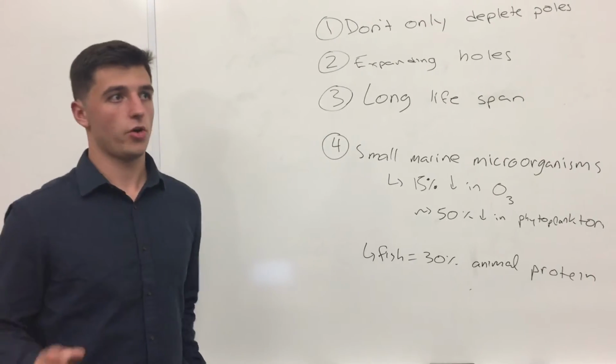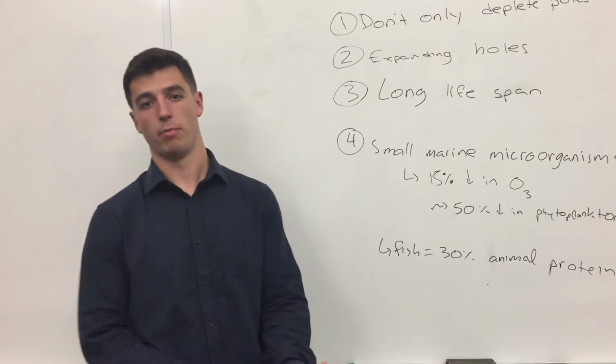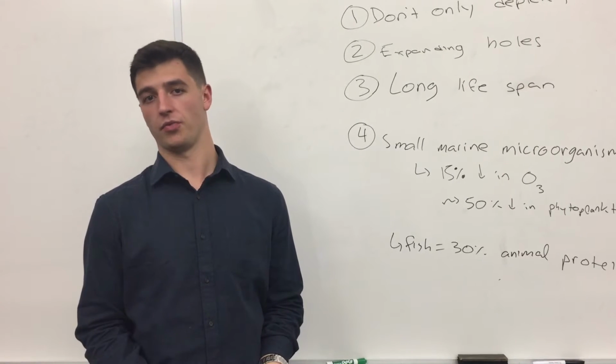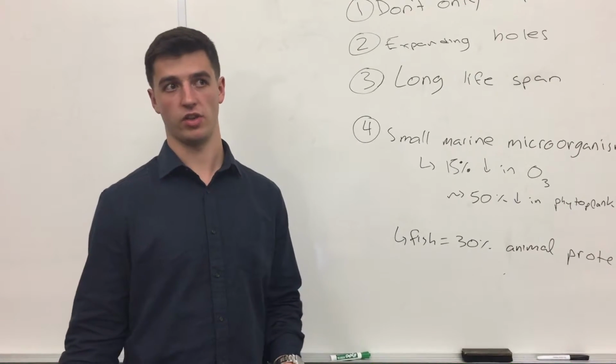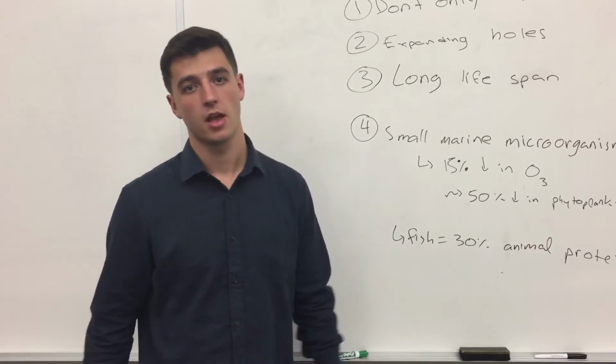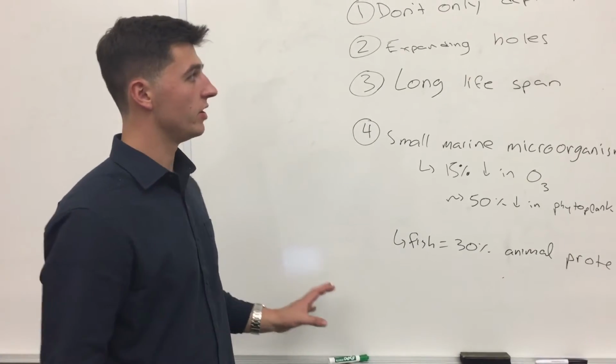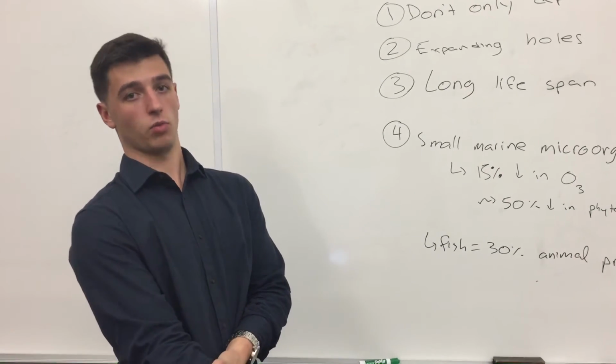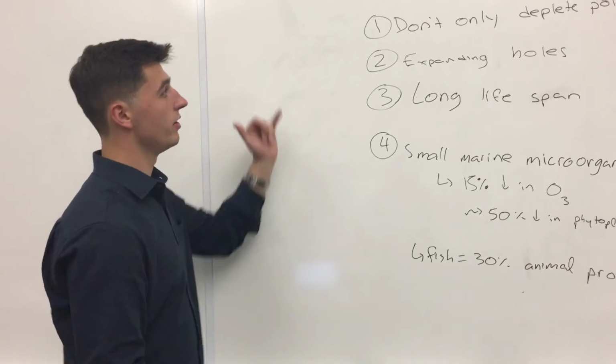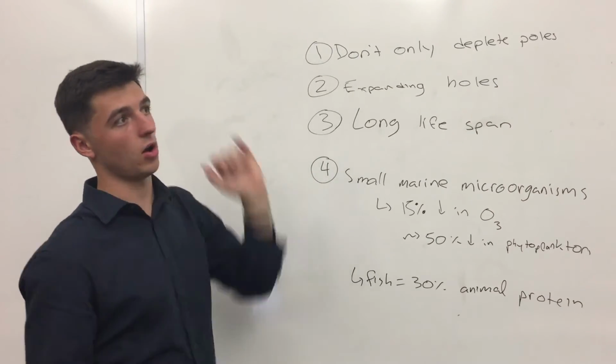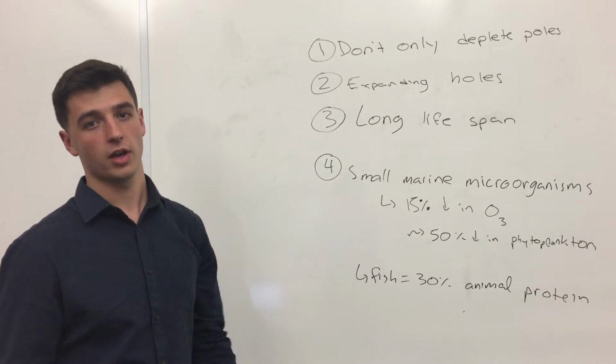So, since ozone depletion occurs predominantly in the poles, why is this worrisome for us? It shouldn't let UV light get in too much where we live. There are four main reasons why this affects us directly right now. The one reason is that ozone depletion doesn't only occur in the poles.